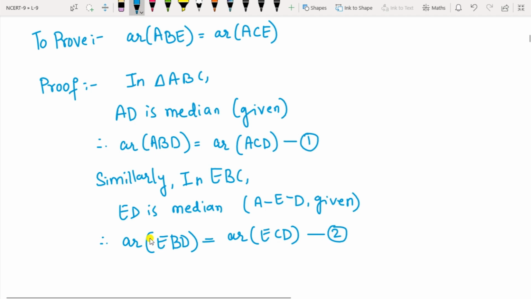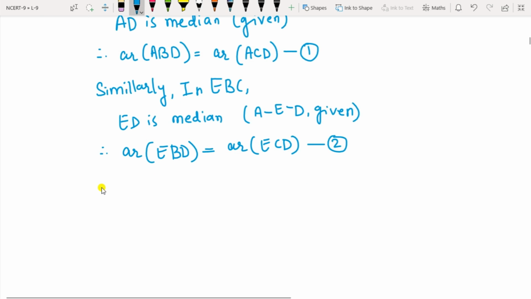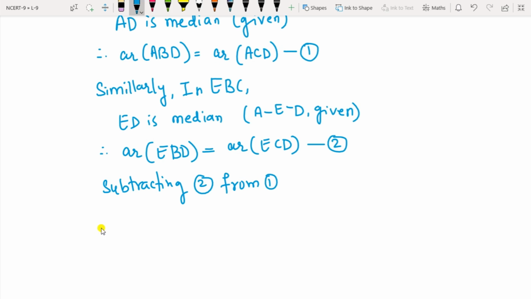Right? Now subtracting 2 from 1, we subtract the left hand side and the right hand side.